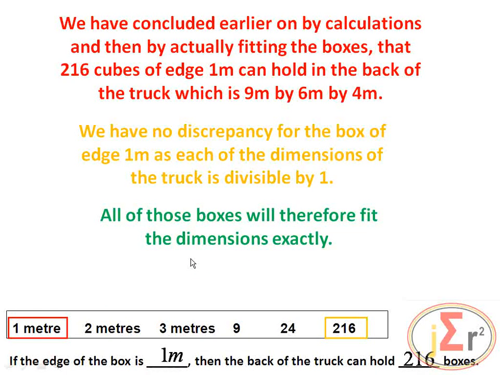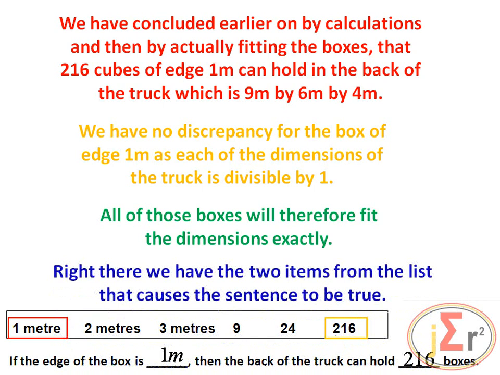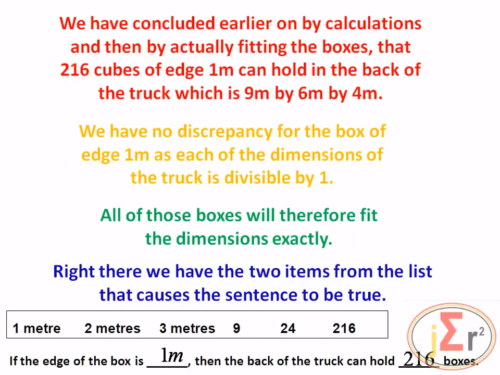So that may be done quite easily. Right there we have the two items from the list that cause the statement to be true. For the 1 meter box, the back of the truck can hold 216 boxes.